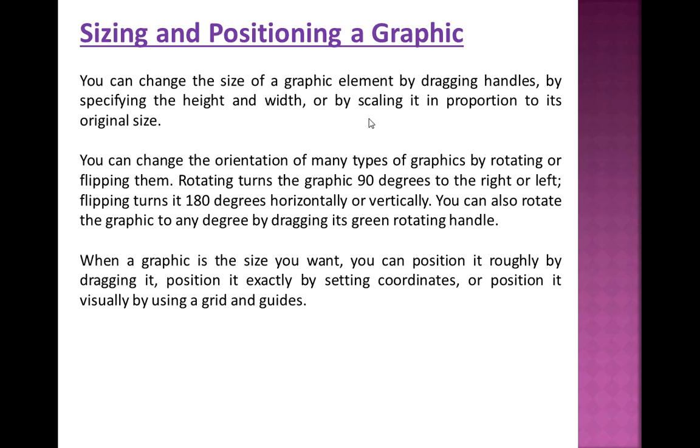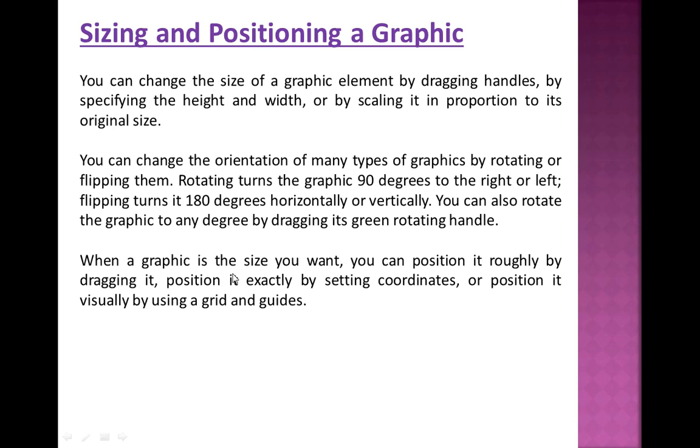You can change the orientation of many types of graphics by rotating or flipping them. Means you can change the orientation by simply rotating the picture or flipping it in any direction, in any angle, like 90-degree angle or 180-degree angle, that is horizontally or vertically. You can also rotate the graphics to any degree by dragging its green rotating handle.